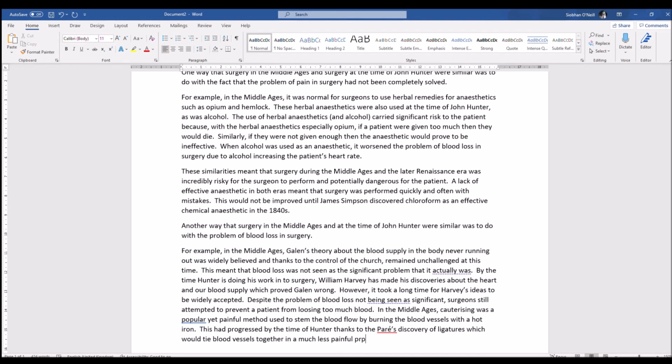However, these ligatures were not sterile and so carried a significant risk of infection, just like in the Middle Ages.